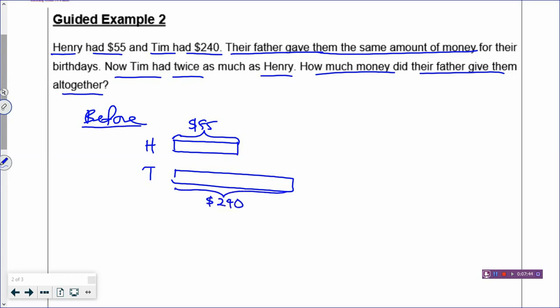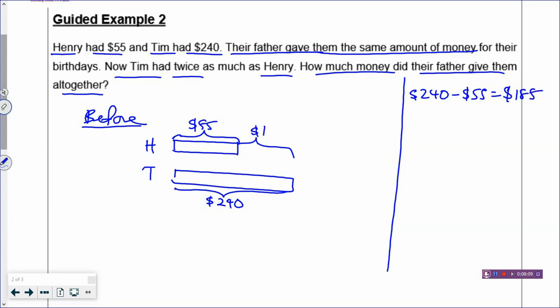If you know the difference is unchanged, then you find the difference. So 240 minus 55, you get $185.